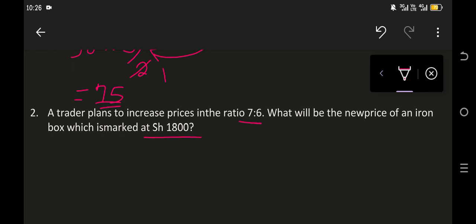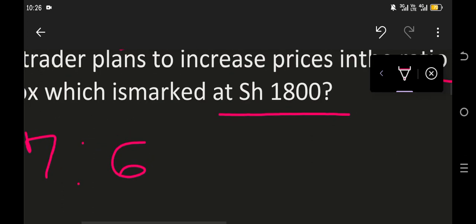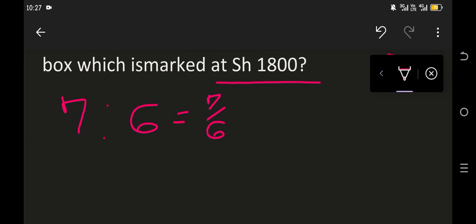So the first step is to express the ratio 7 to 6 as a fraction. That will be 7 over 6. After you have expressed your ratio in a fraction form, you're going to multiply it as it is by the number that you have been given. This will be 7 over 6 times 1,800.